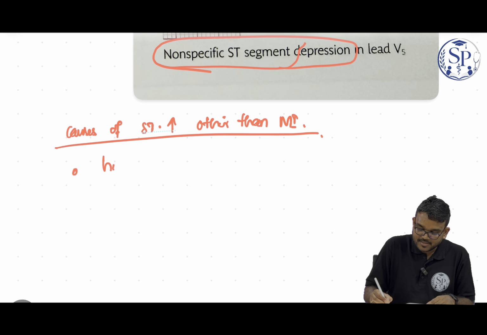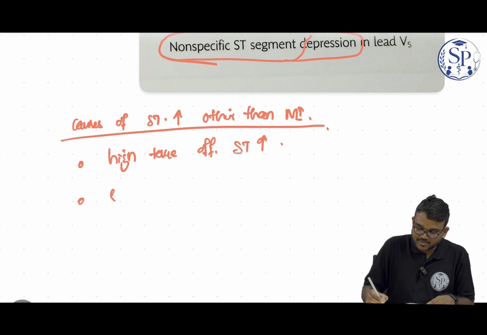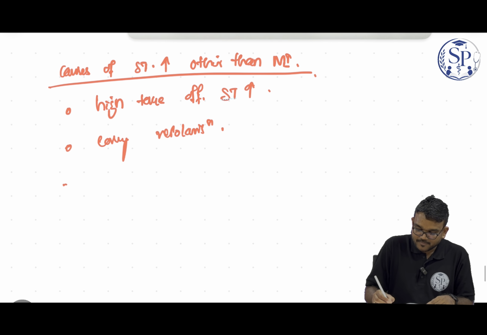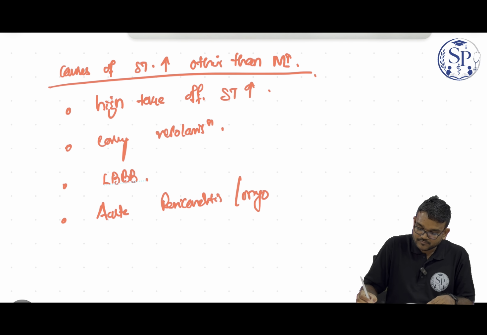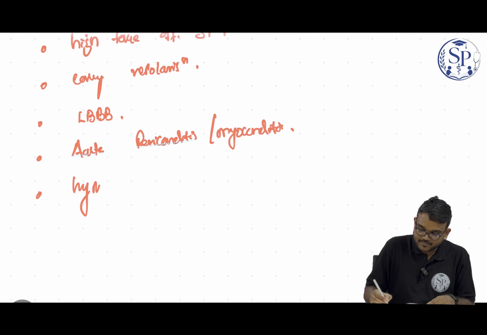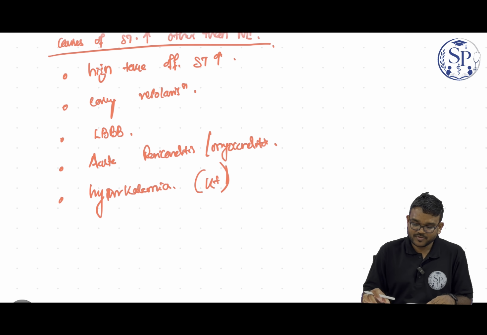One is high takeoff ST segment elevation, then early repolarization, left bundle branch block, acute pericarditis or myocarditis, then hyperkalemia, where ST segment elevation is seen along with high peaked T waves.